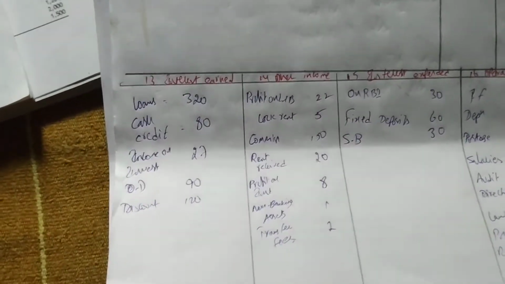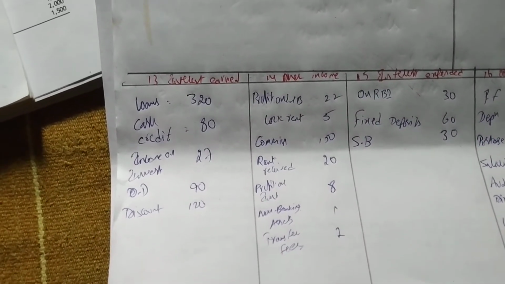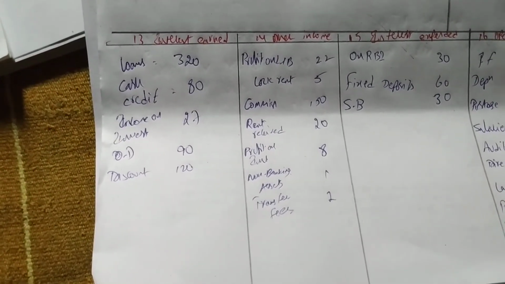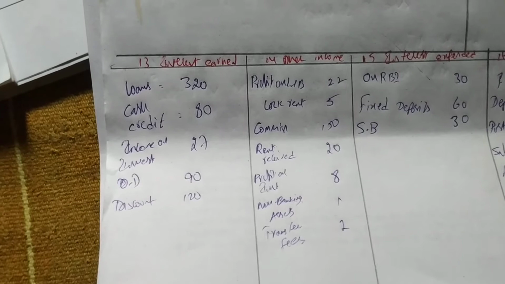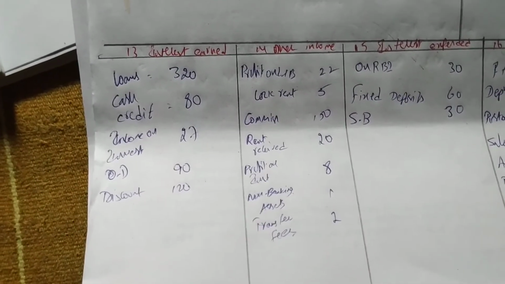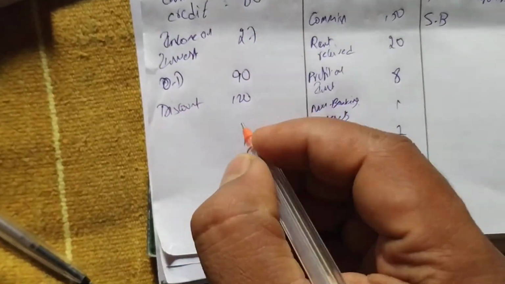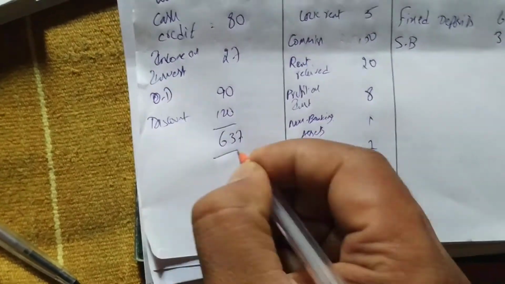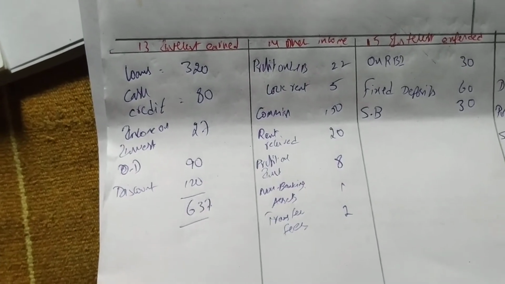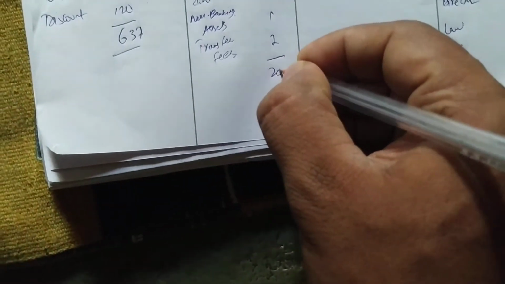First I will do the total of interest earned: 320 plus 80, 27, 90, 120. We are getting 637 total of interest earned. Other income total: 22 plus 5 plus 150 plus 20 plus 8 plus 1 plus 2, that is 208.